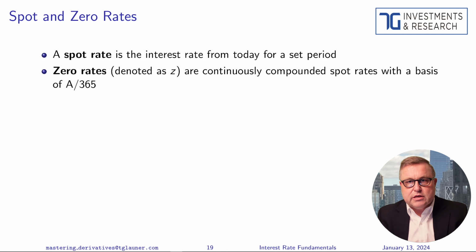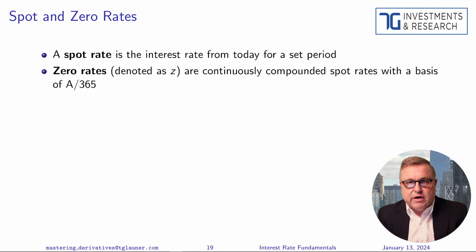A zero rate is a particular type of spot rate, often denoted with Z, and it pertains specifically to continuously compounded interest over time with an established basis such as actual/365.